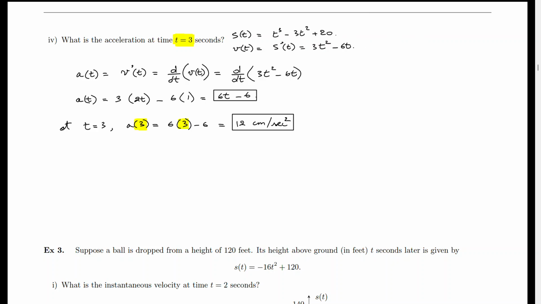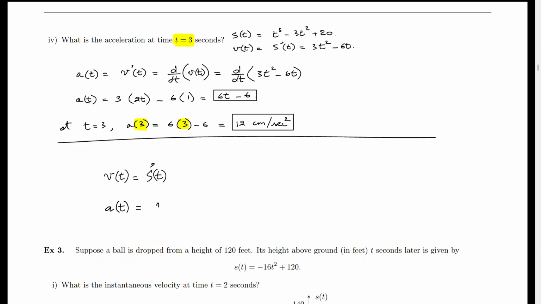So to summarize, if you're given the position function and you want to know the velocity function, you would have to do the derivative of the position function. And if you want acceleration, then you'll have to do the derivative of the velocity equation.